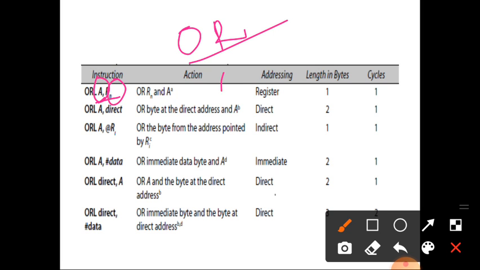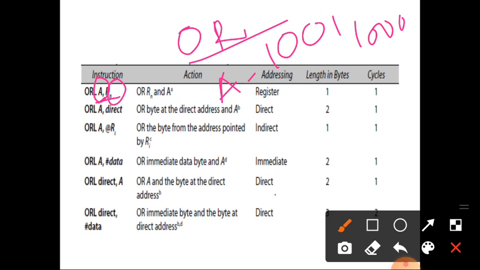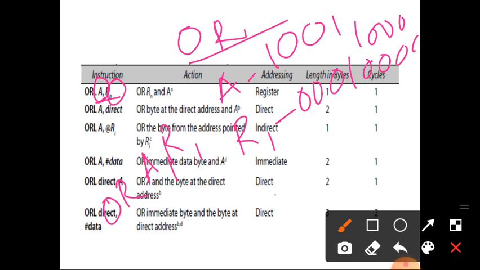For example, the accumulator contains 1001 1000 and the register R1, for example ORL A, R1, contains 0001 0000. Then both inputs 0, output will be 0.